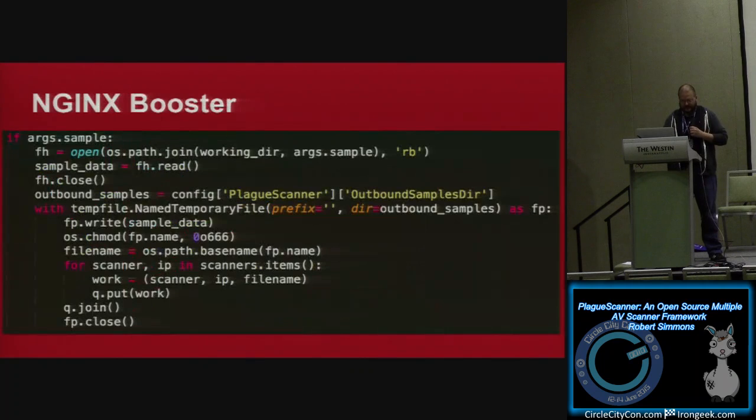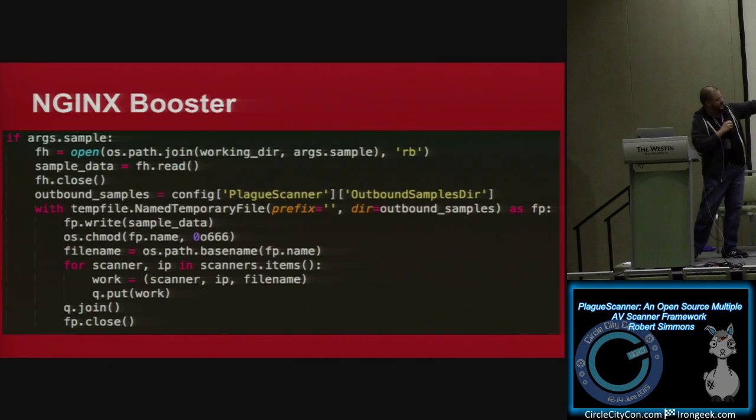And then this is the Nginx booster that I was mentioning. So this is where I create the file here using temp file, and right here, this is what I just talked about. So this is where we've got the file being dropped into Nginx's www directory, and that's the outbound samples directory up here.